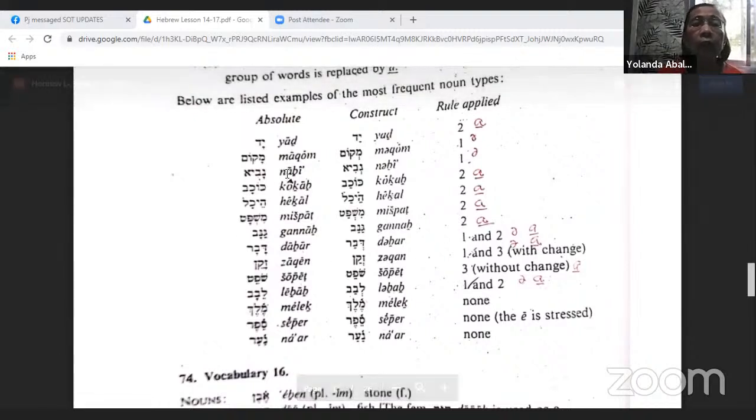Then, the word Navi. Navi, ano yan? Prophet. Magiging Nevi. Kokab, K-O-K-A-V. Yan. Kita nyo dito, bakit ang K meron siyang underline sa baba?